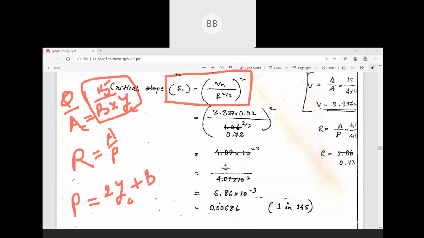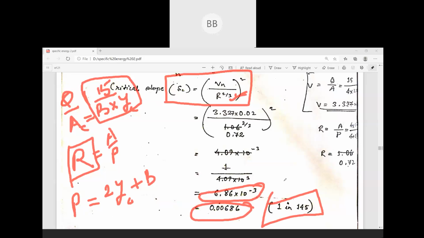Then substitute here area and wetted perimeter, find out the r value, substitute here, and you can directly find out the slope. You see, you are getting the same value or not. Okay, so you are getting the same value.